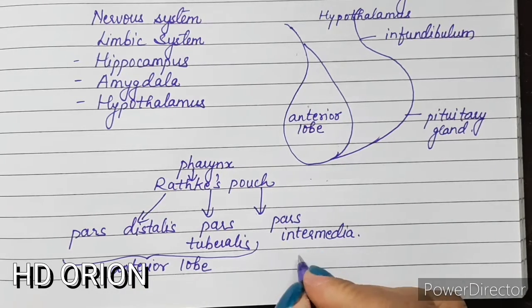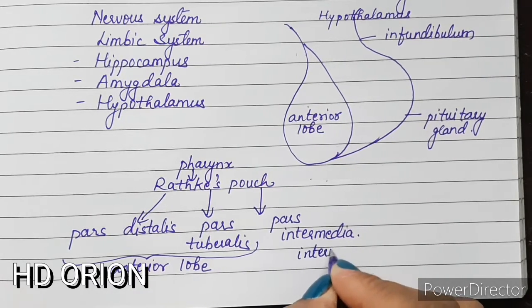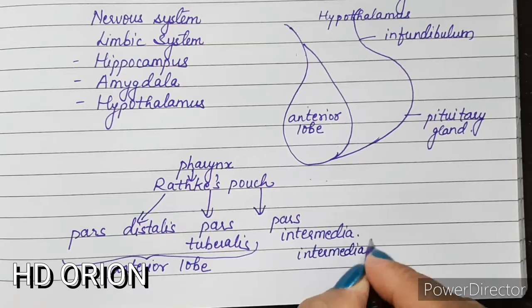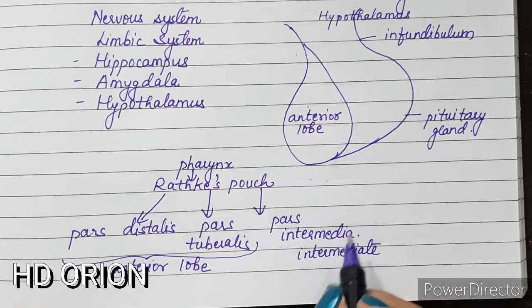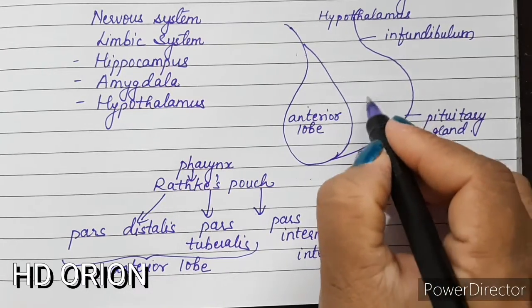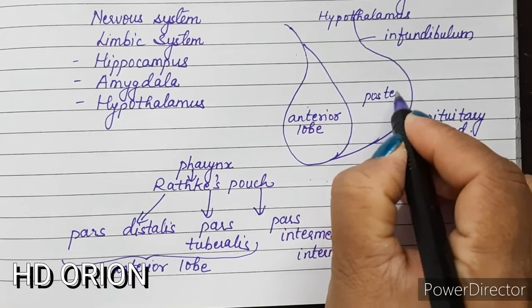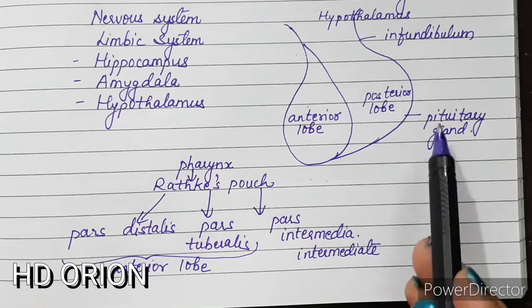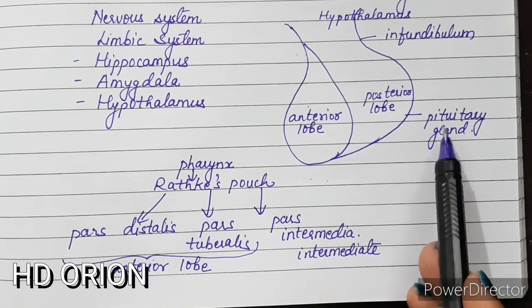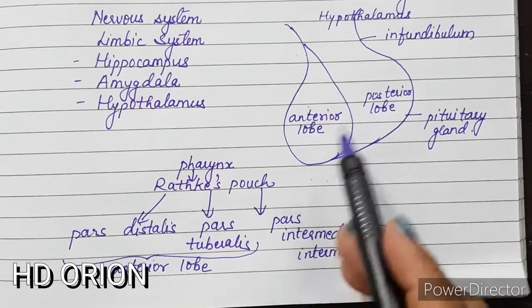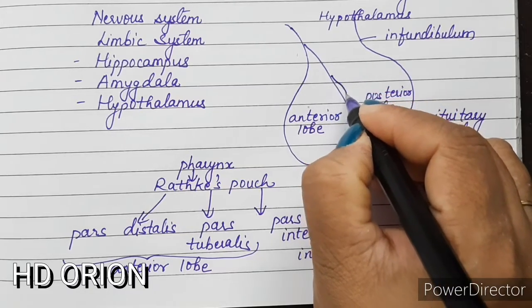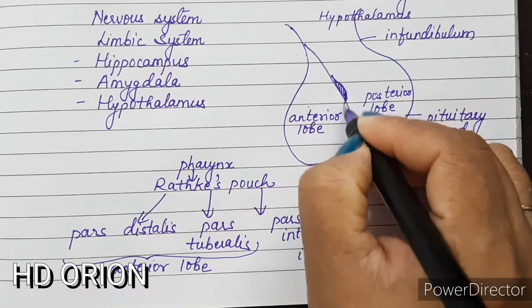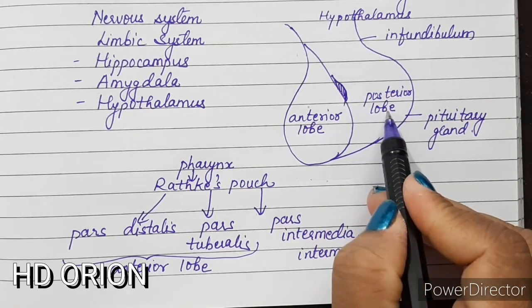So this forms the intermediate lobe. This is the intermediate lobe, and this region is the posterior lobe of the pituitary. In this manner, the pituitary gland has three lobes. The anterior lobe, here is the small intermediate lobe, and this is the posterior lobe.